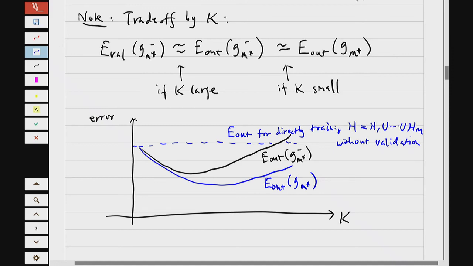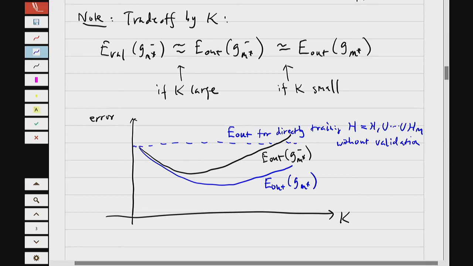But interestingly, in general, if you use too many points for validation, your performance can actually be worse than training directly without validation. Why is that? Why is it also not good to use k too high? Well, because you don't have enough training data points left to find a good hypothesis.